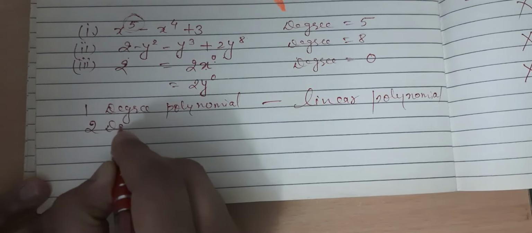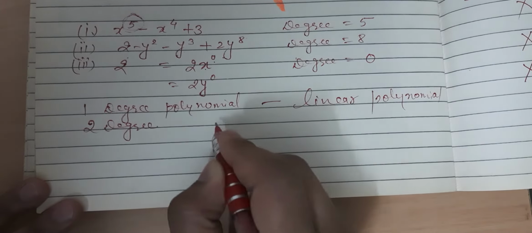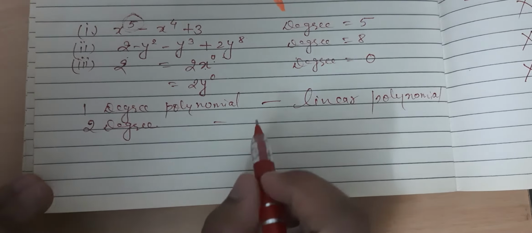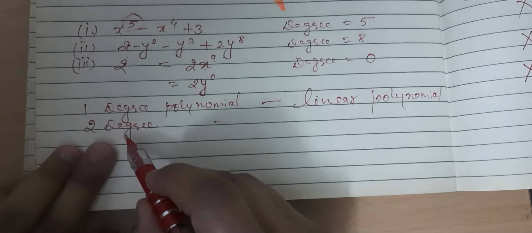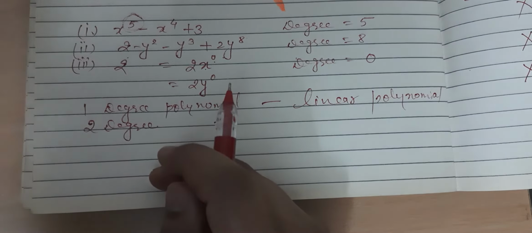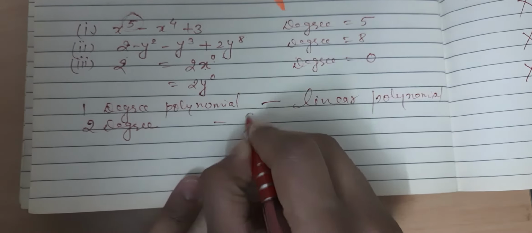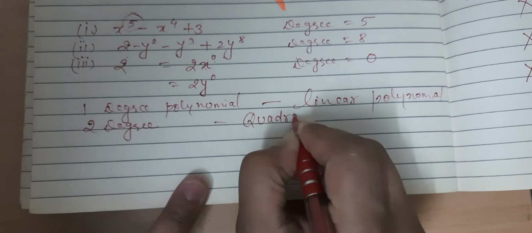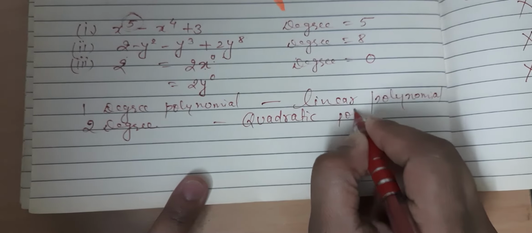If the degree means the highest power of the variable, if the degree of the polynomial is 2, then the polynomial is called quadratic polynomial.